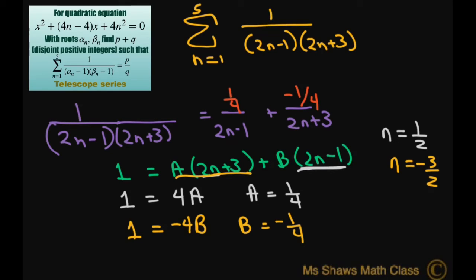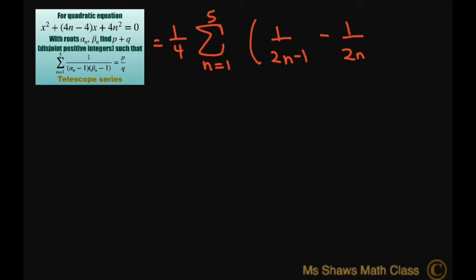So what I'm going to do is factor out a 1/4, and I'll bring it in front of my summation sign: 1/4 times the sum from n equals 1 to 5 of 1 divided by 2n minus 1 minus 1 divided by 2n plus 3. All right, so there's that part. And now we can just substitute in some values and see what pattern we have.